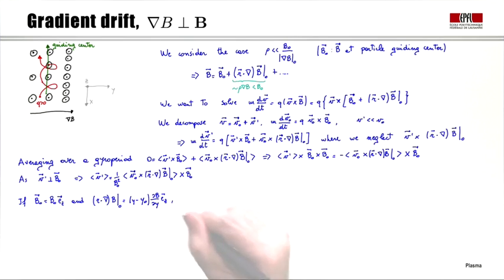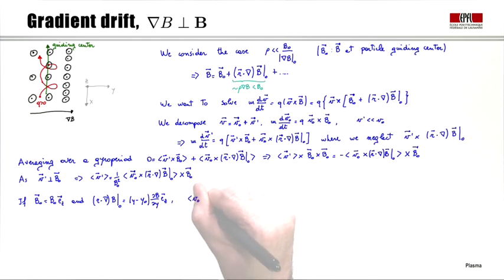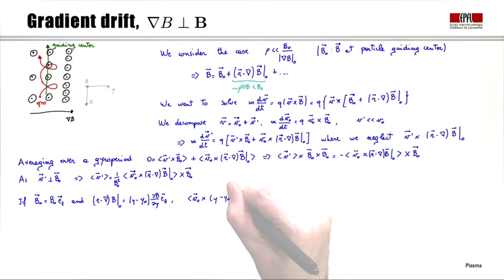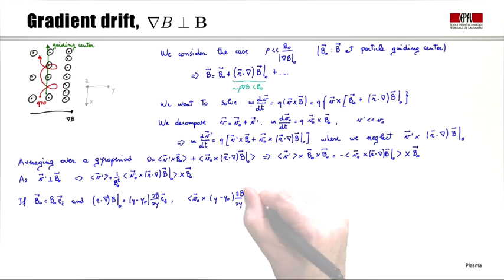Well, then, if we try to evaluate this term here, we will have to evaluate V0 cross (y minus y0) dB/dy.